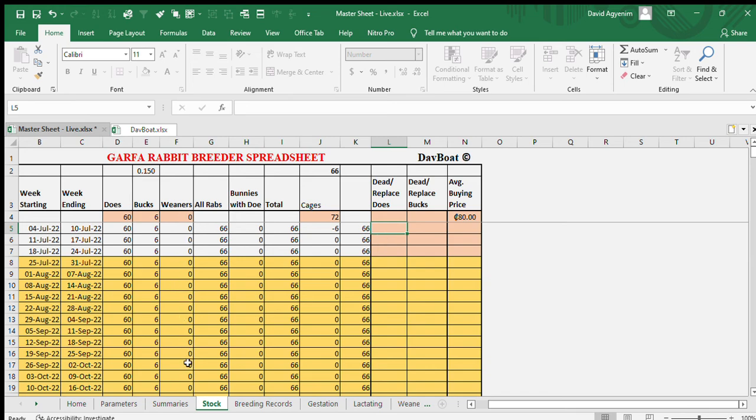You have weaners, the spreadsheet will bring that data here. Then you have bunnies with the doe, the spreadsheet will bring that information here. Once your does start giving birth, this will all change. The number of kgs will also project into the future how many more kgs you need to add. It will come here and add up to this one.